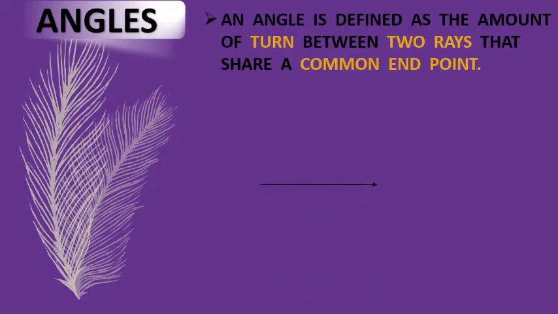This is a ray whose initial point, or you can say endpoint, is point P, and the extended point is point Q. Now from the same initial point we have other rays going away from PQ, and finally we have this ray, which is ray PR.